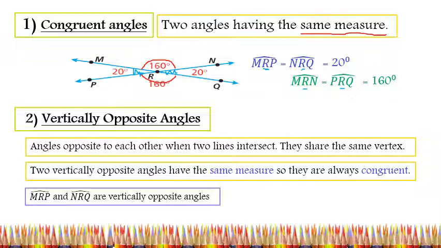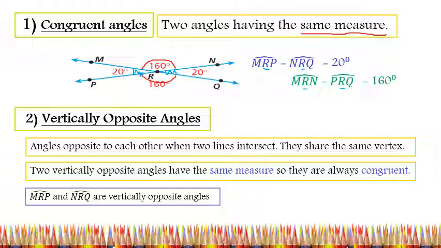Again, let's say here, what are the vertically opposite angles? MRN and the angle PRQ are vertically opposite angles. MRP and NRQ are vertically opposite angles. They must have the same vertex.